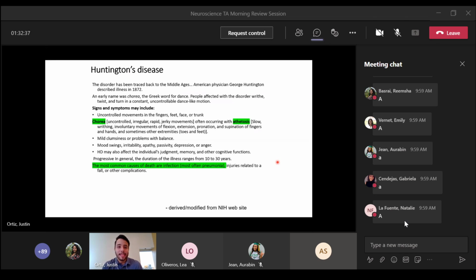In Huntington's disease, the striatum is actually dying, and it leads to chorea and athetosis. As long as you know chorea, which is irregular, rapid, jerky movements, and athetosis are associated with Huntington's disease. Those are the two main symptoms you really want to hone in on.